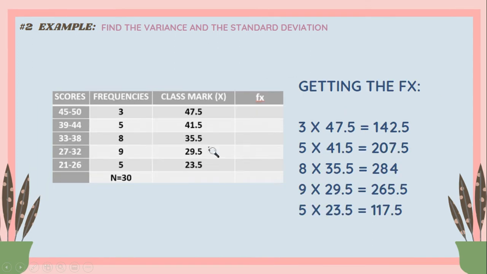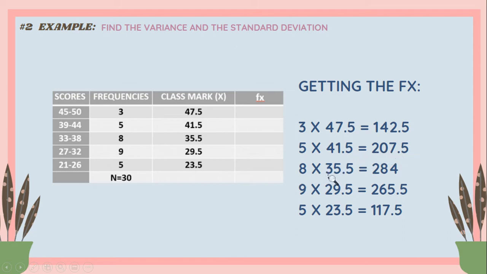And then after the class mark, you need to find the fx. So remember what I told you, you just need to multiply the frequencies and the class mark. So 3 times 47.5 is equal to 142.5. And then 5 times 41.5 is equal to 207.5.